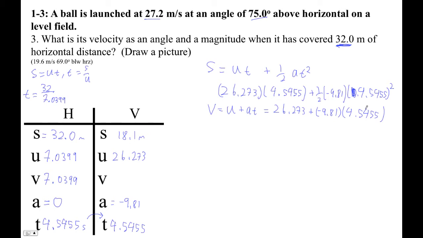All right, here we go. Okay, so negative 18.318, and that's meters per second. So that's my final velocity, right?